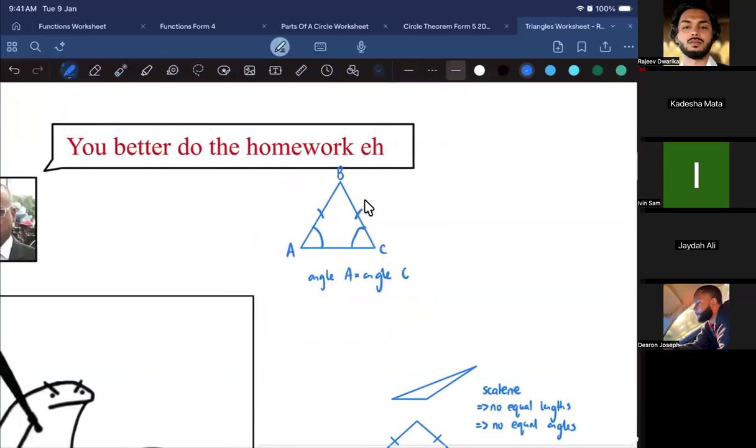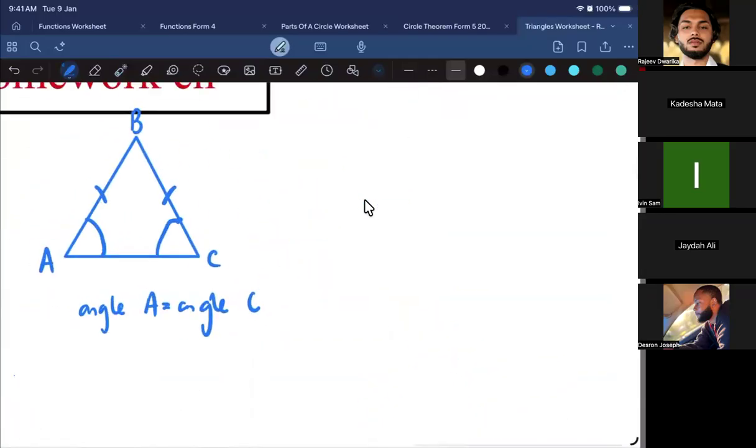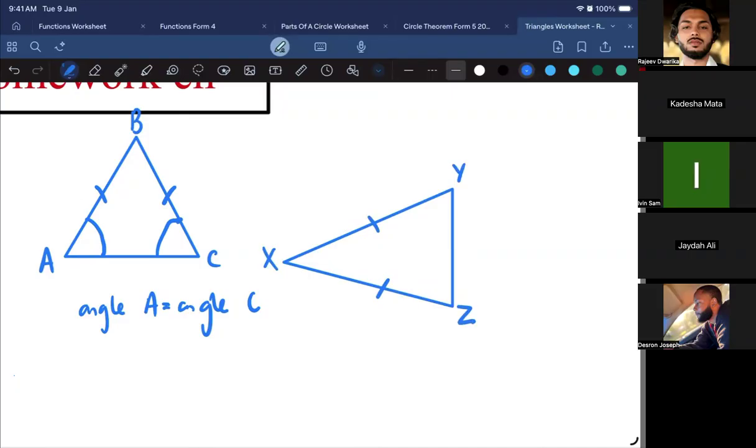All right, what if I say this instead? What two angles would be equal? Kadisha, what two angles would be equal in that instance?